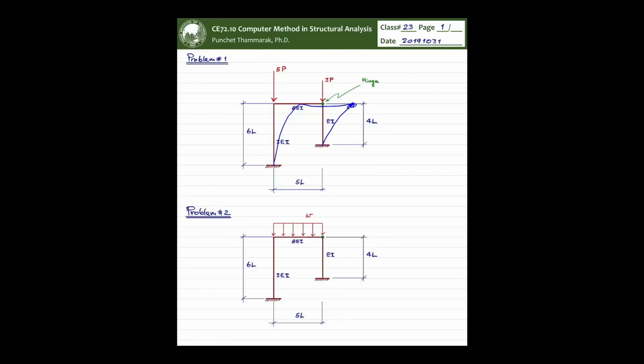The nodal point prepared at the top of the column is enough to capture the large deformation effect from the second order moment. But if it doesn't go like this, if the stability of the frame is not that bad, it goes like this, which is also possible.